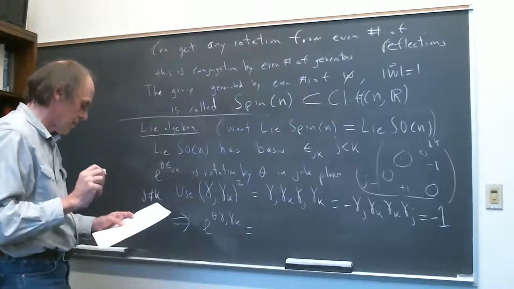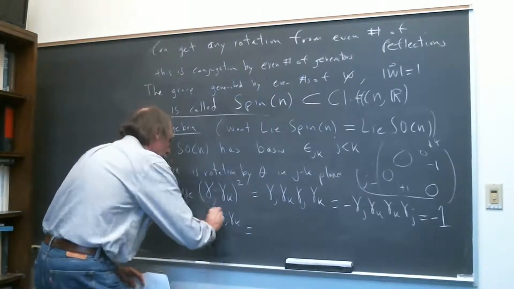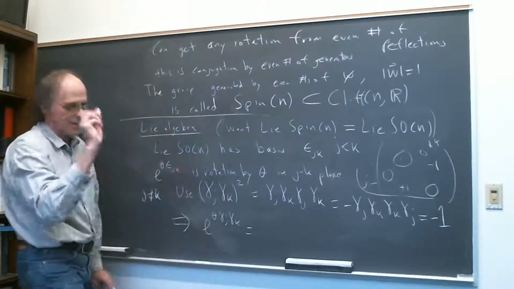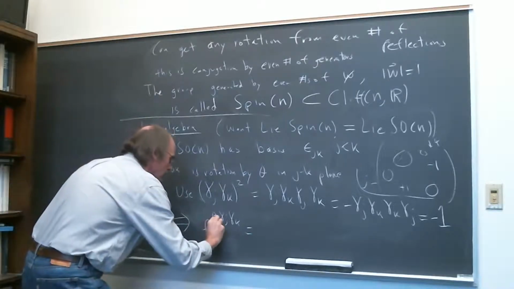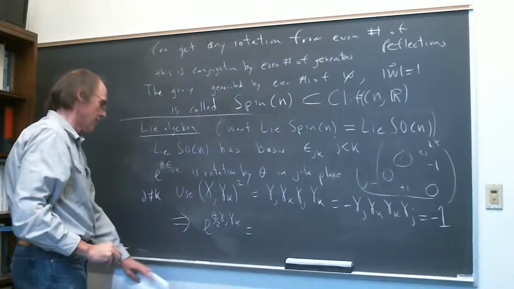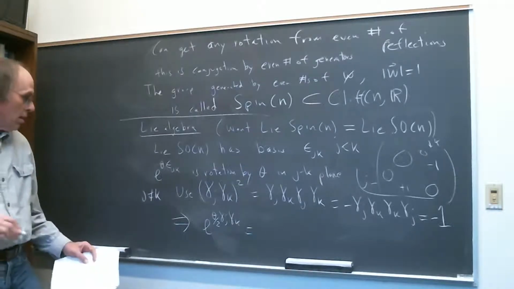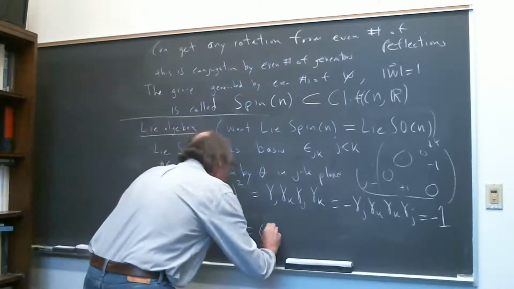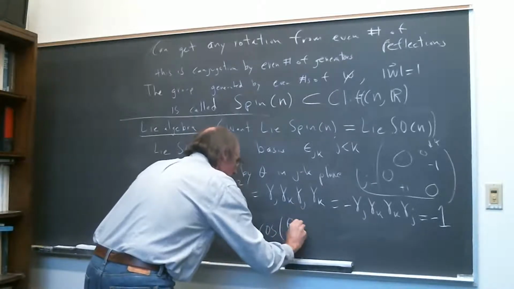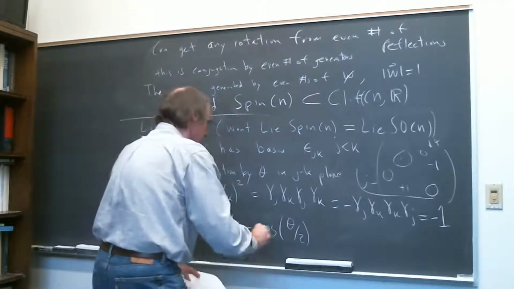Sorry, I'm going to need to put a 2 here to make this next calculation work out right. Then what you're going to find is cosine of theta over 2 times 1.